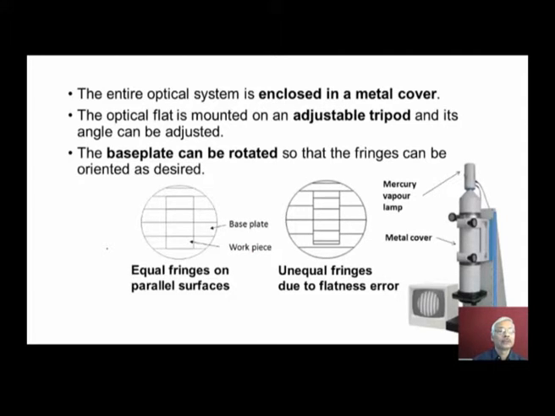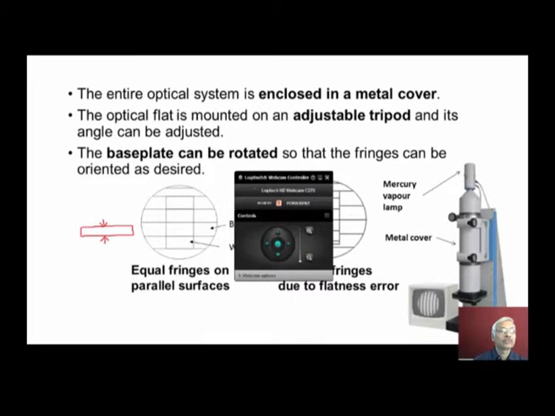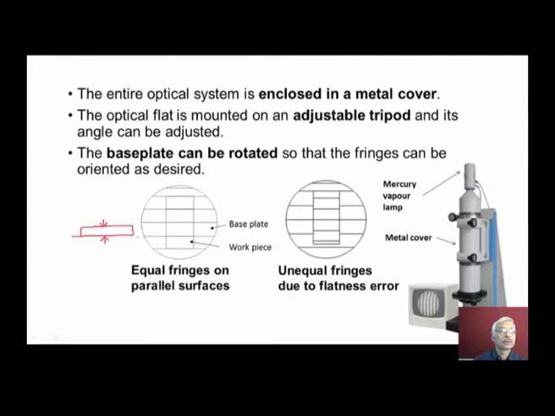If the two surfaces of the workpiece are parallel to each other and the surface of the base plate is parallel to these two surfaces, then we obtain an equal number of fringes from the base plate as well as the workpiece, and the width of the fringes will also be equal.